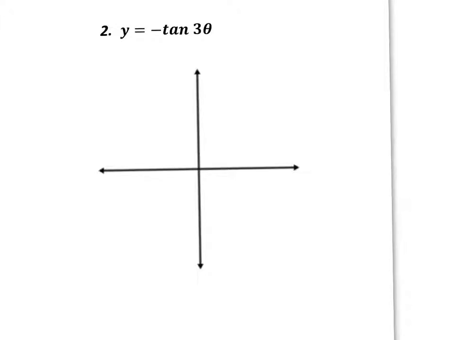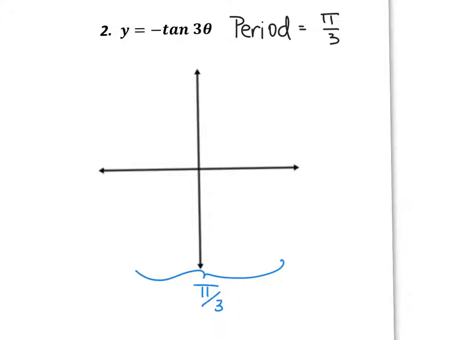Our period change. So think about this. We said on the front side, the way that you find the length of your new period is that we take pi and divide by b, or in this case, pi divided by 3. So what that tells us is from one asymptote all the way to the other asymptote is a value of pi over 3. So half of our graph is going to be to the left of the y-axis, half is going to be to the right.